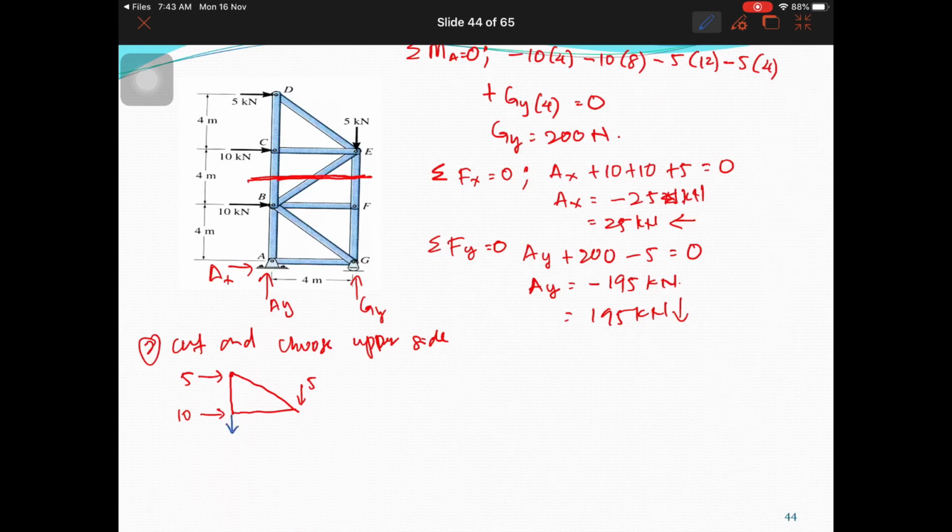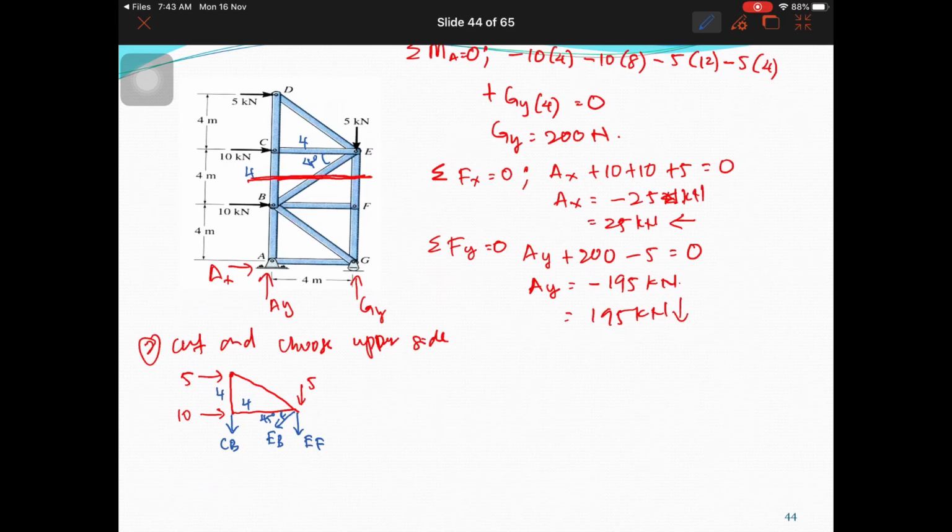You have CB, and you have EF, and then we have EB. This is 4 meter. This is also 4 meter. So this is 45 degree. So this one is 45 degree, 4 meter, 4 meter.